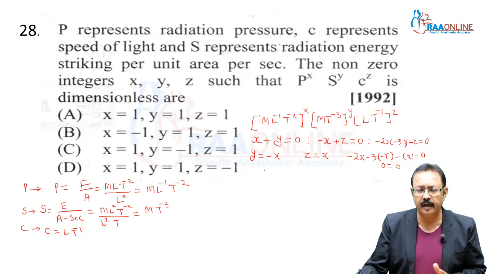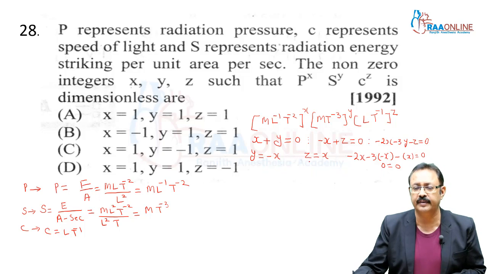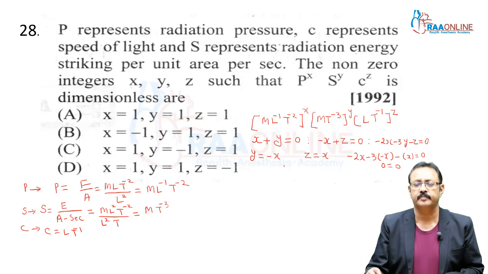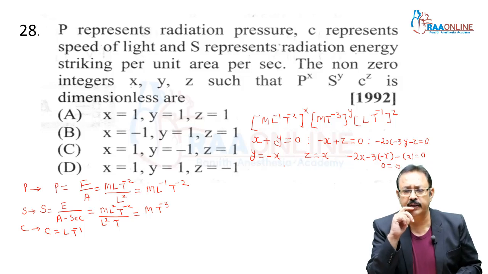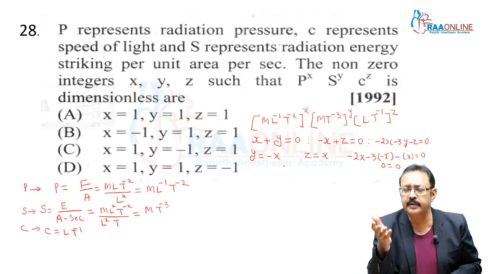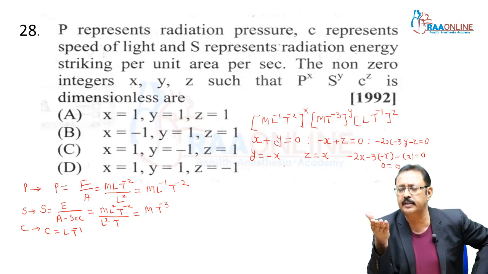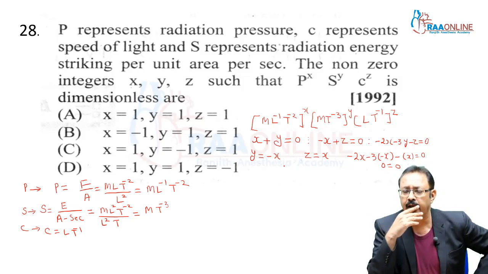It means x is 0, y is 0, z is also 0. If we put 0, 0, 0 only then we get this, but x, y, z are not 0 here. It means for any value the third equation is satisfied, because it is cancelled out.